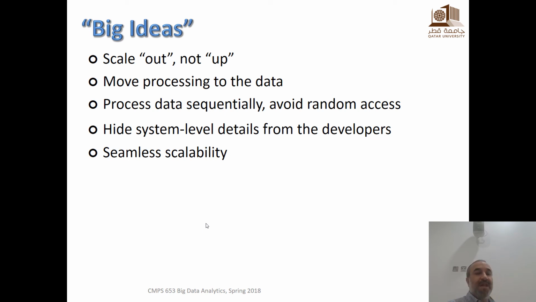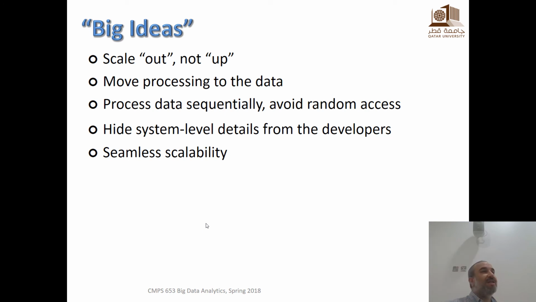But what do we mean here by seamless? When you use MapReduce, you don't care about how many machines you have. Your same code will run on 3 machines as it runs on 300 machines or 3,000 machines. You will not change anything in the code. So that's seamless to us, and the performance is really good.